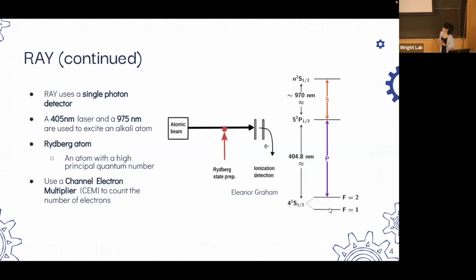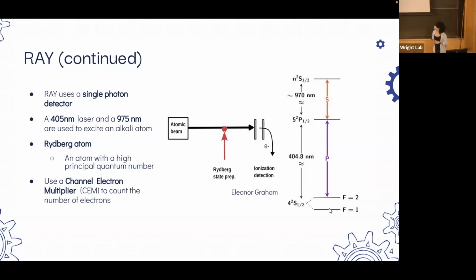Ray takes a different approach by using a single photon detector, in which we use a 405 nanometer laser and a 975 nanometer laser to excite an alkali atom. In our case, we are using a potassium atom, and once excited, this atom reaches a very high principal quantum number, thus becoming a Rydberg atom.